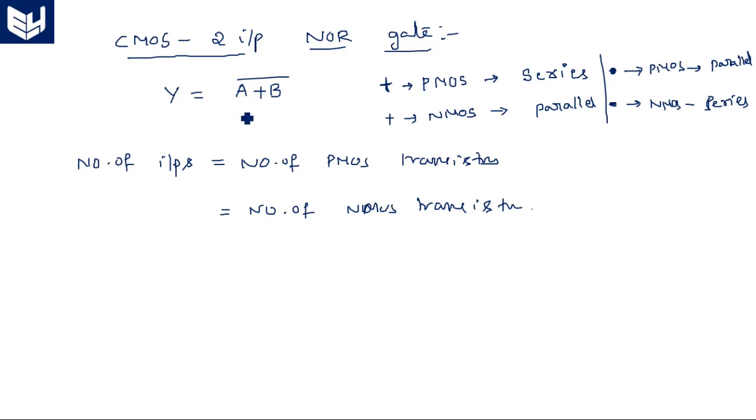So in our design we have a 2 input NOR gate, so we need 2 PMOS transistors and 2 NMOS transistors. How to connect these 2 PMOS transistors and 2 NMOS transistors I have already given here. Another thing, PMOS transistors should be connected between VDD and output, and NMOS transistors should be connected between output and ground. Keep all these points in mind when you are designing a CMOS digital circuit.